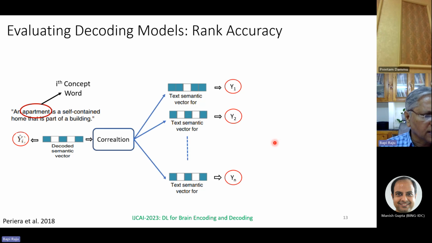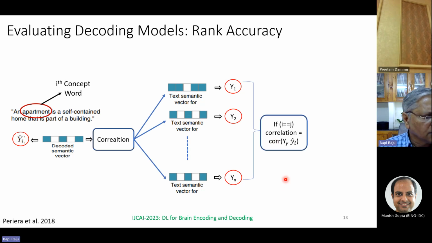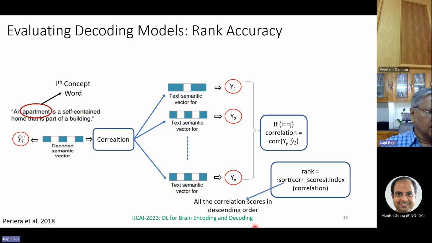So we compute the correlations and rank order them, and we look at the rank that this decoded semantic vector has compared to all the other semantic vectors within your concept base. The lower the rank, the better: rank 1 is better than rank 2 and so on.